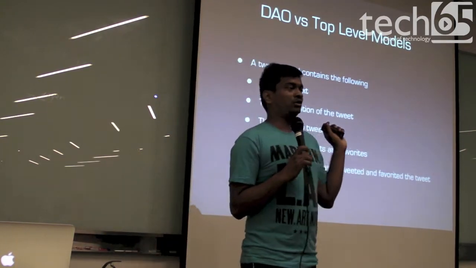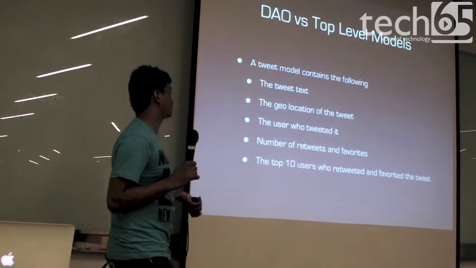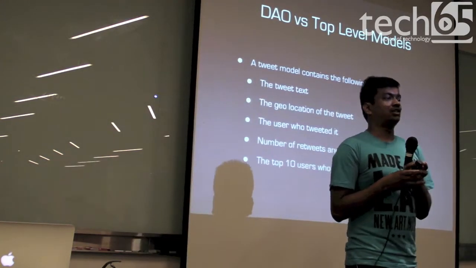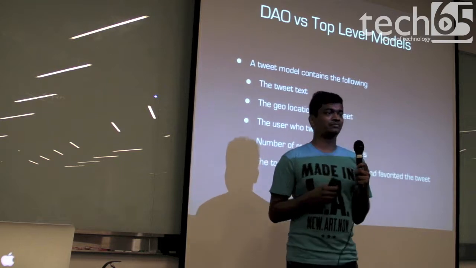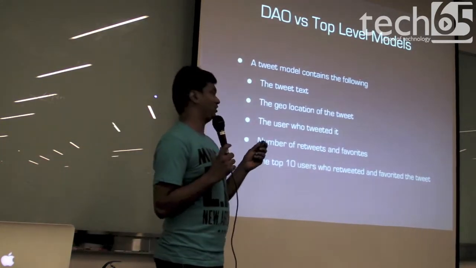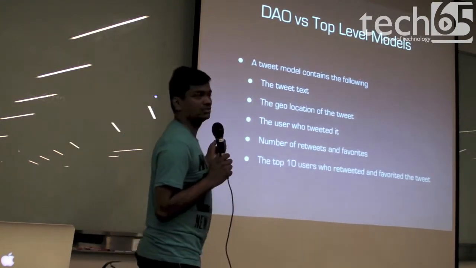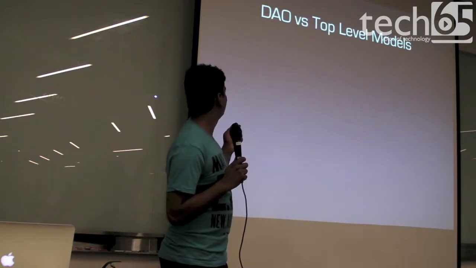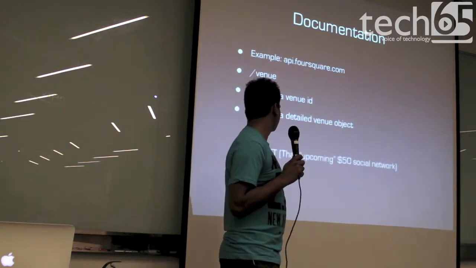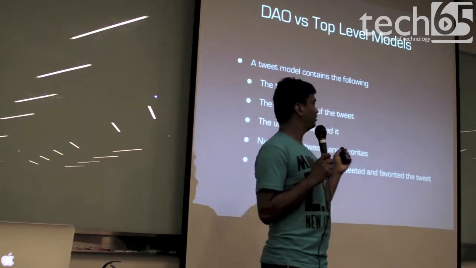I told you that DAO is not the same as top level models, right? These are the differences. For Twitter, tweet is a top level model. Assuming that you're using a relational database, a tweet would be stored in a tweets table.